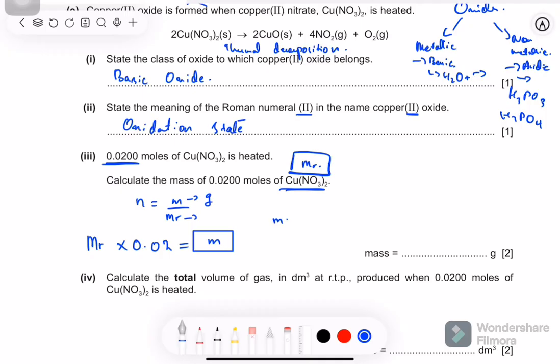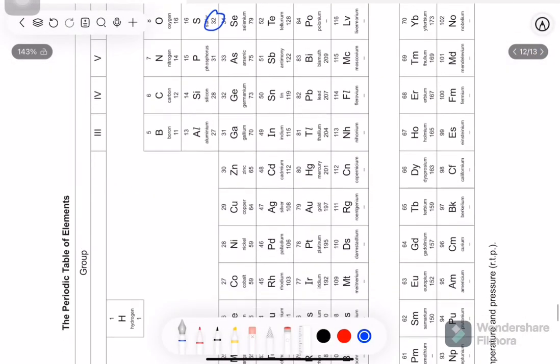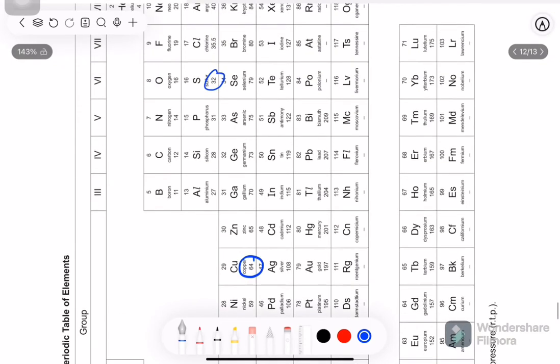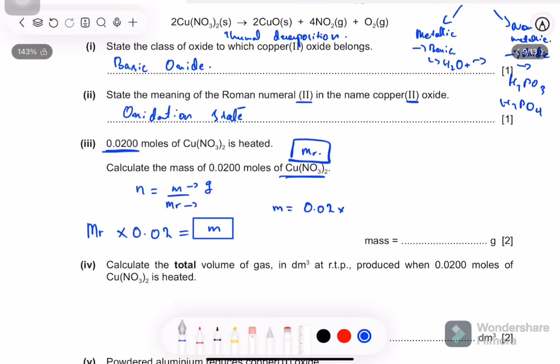So the mass is 0.02 times the Mr. The Mr will be, for copper the mass is 64, for nitrogen it is 14, so 64 plus 28, as there are two nitrogens, plus 16 times 6, as there are 6 oxygens and oxygen has a mass of 16. 0.02 times entirely this.